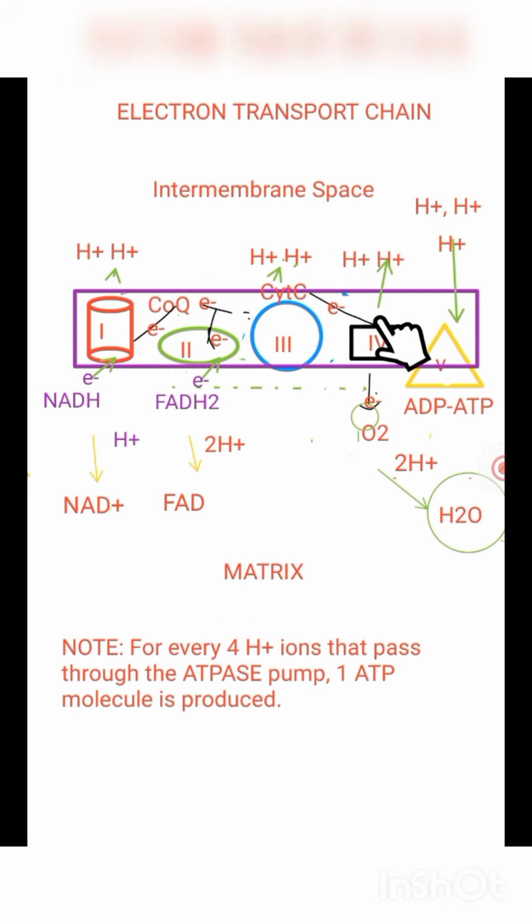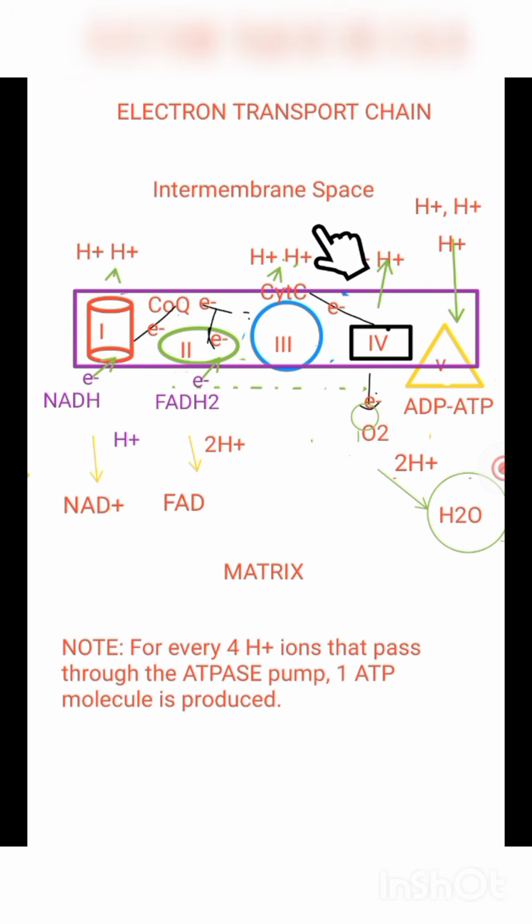Now, initially, there's supposed to be 4 protons that are able to be pumped from here, but the other 2 protons are the ones that are actually used to combine with molecular oxygen to form water. That is why complex 4 is only able to send 2 protons into the intermembrane space.